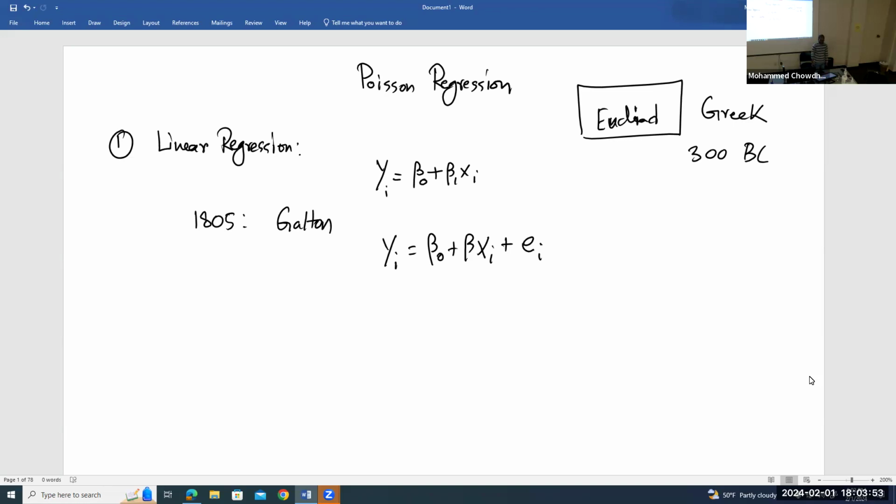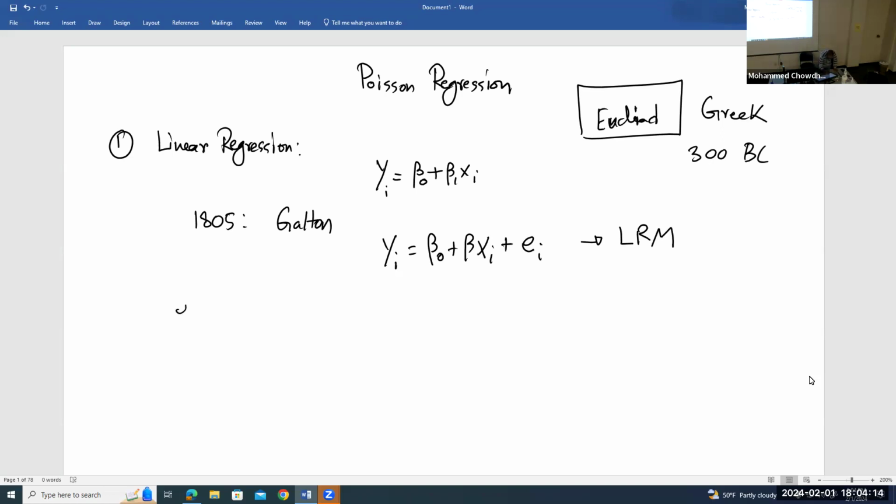In 1805, he added an error term in this equation, and he called it a linear regression model. Linear regression model, he called it.